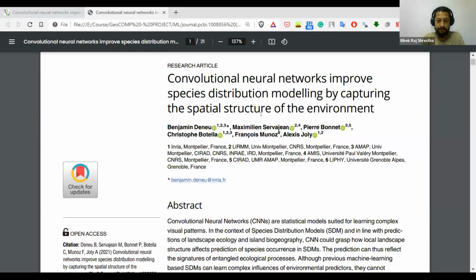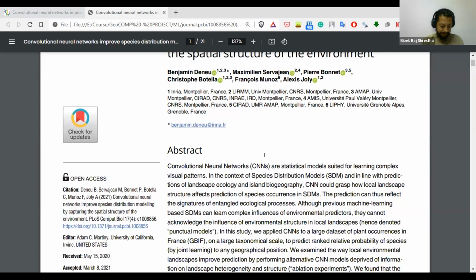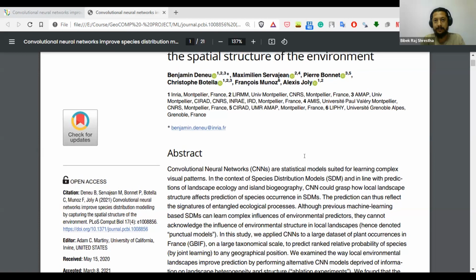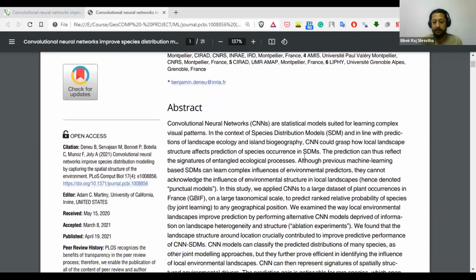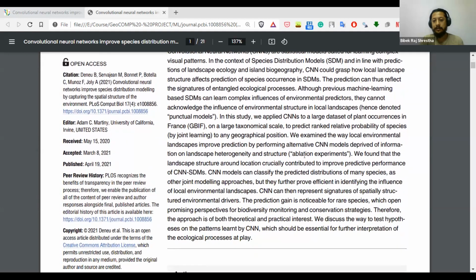So this paper tries to see how the local landscape structure might impact the species distribution model. They talk about how the ecological niche is quite complex and multidimensional.